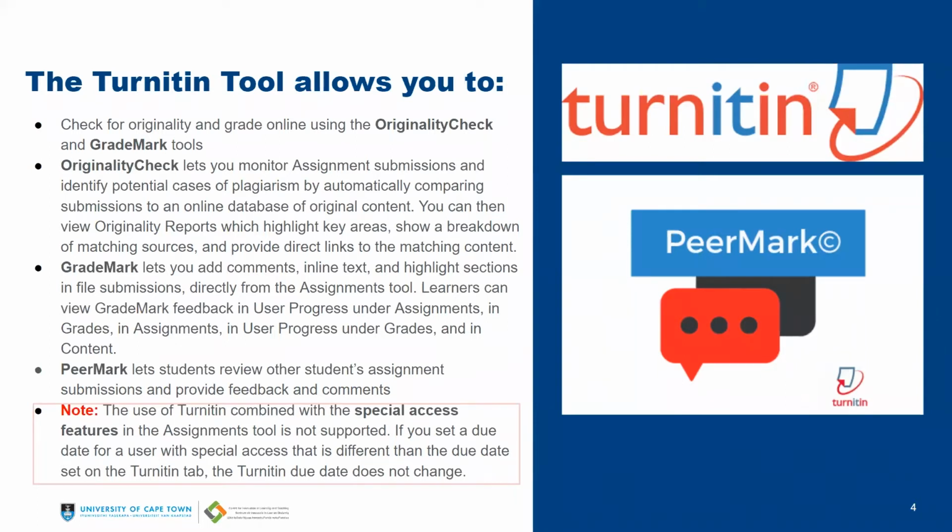Within that tool, there's also another facet called GradeMark, where you can add comments and inline text, highlight sections and add feedback for grading purposes. And then the additional tool that we're also going to have a look at, also a Turnitin product, is called PeerMark. This is where students can review other students' assignment submissions, and they can provide feedback and comments on those submissions.